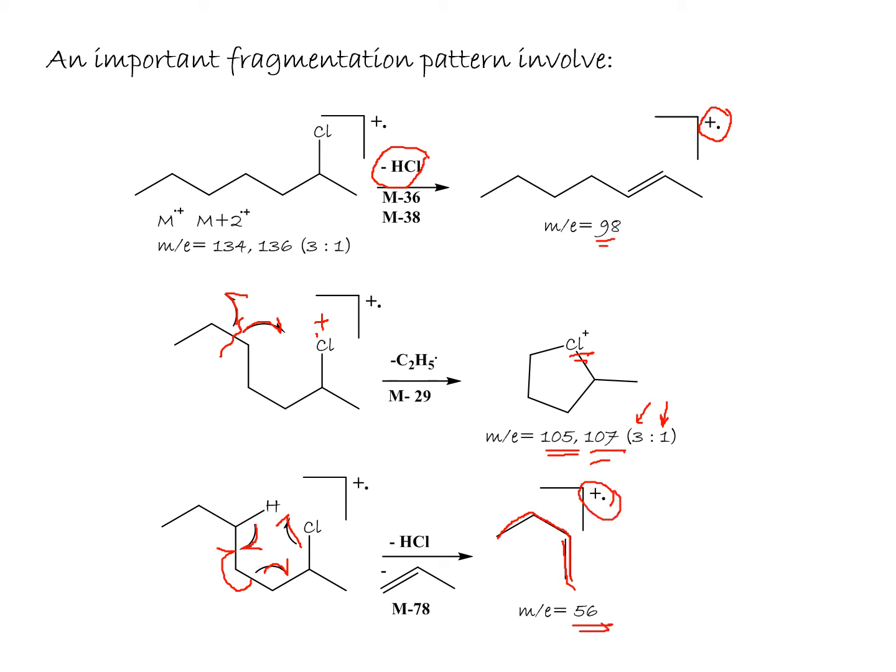So here you eliminate HCl, you eliminate CH3 C double bond, so you'll make two species, leaving the cation radical. Here is neutral, here is neutral. You start out with odd, you have to end up with odd.